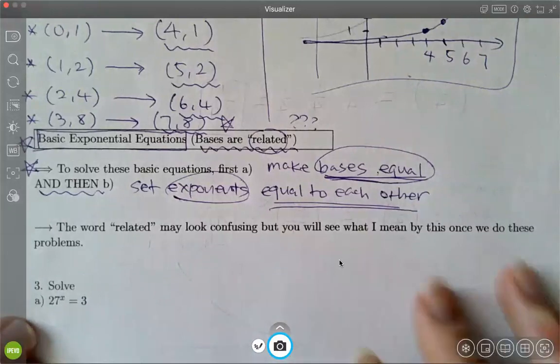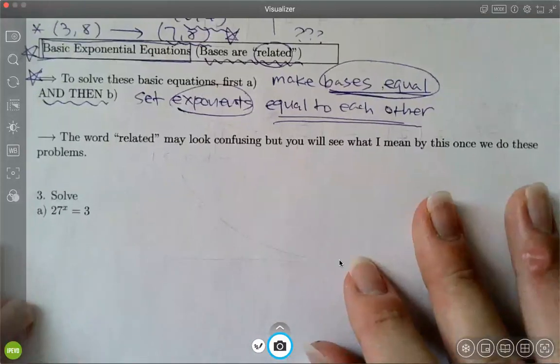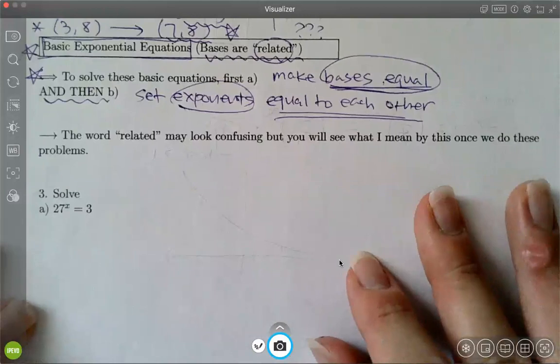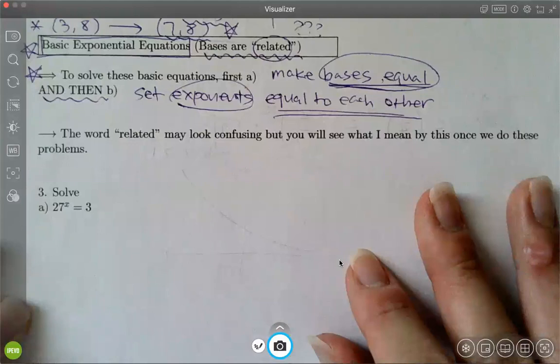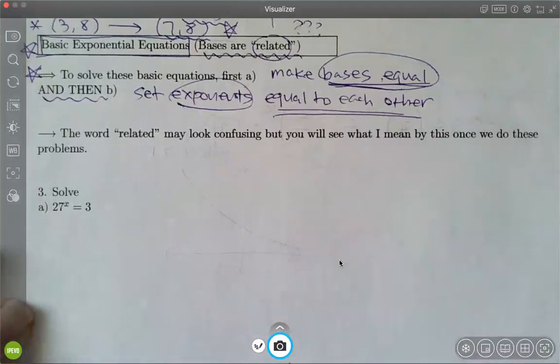Okay, so number 3, 27 to the power x is equal to 3. Okay, so again here, please don't do divide by 27. That's just way wrong, right? So here, there are 2 numbers.